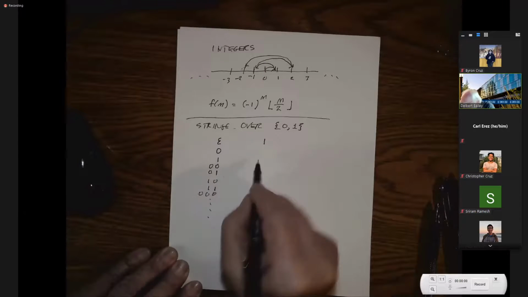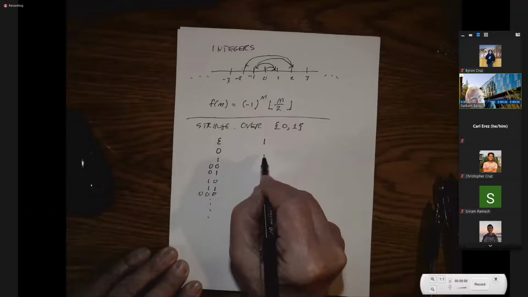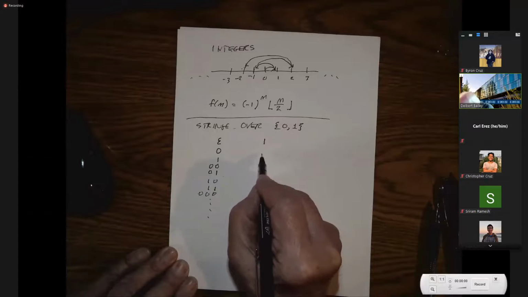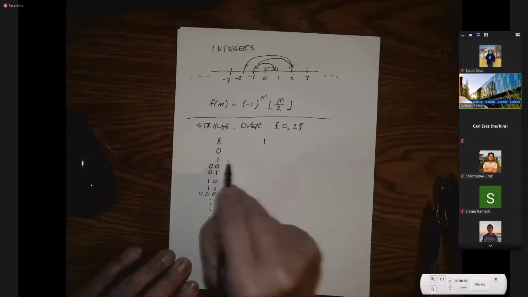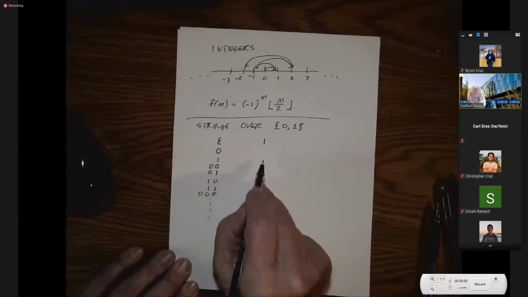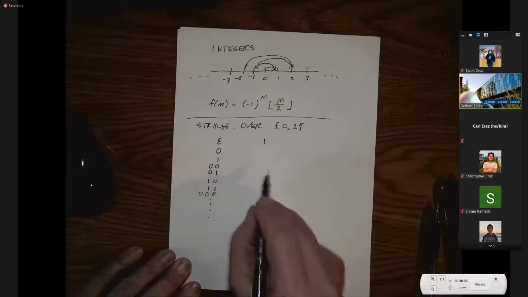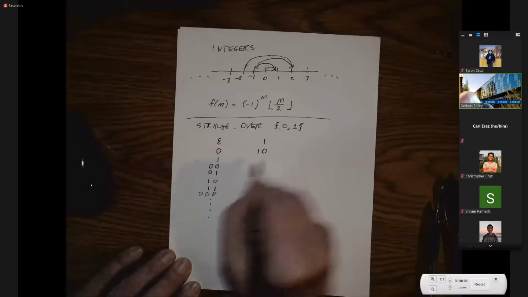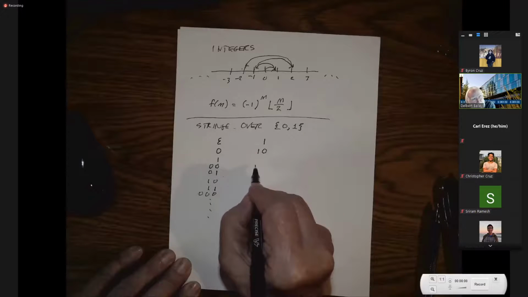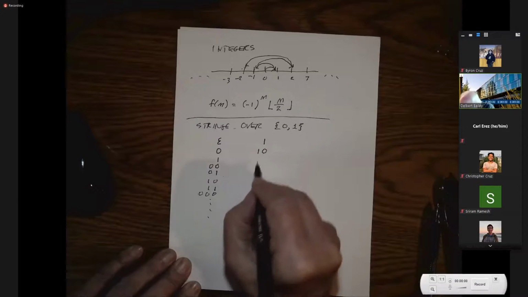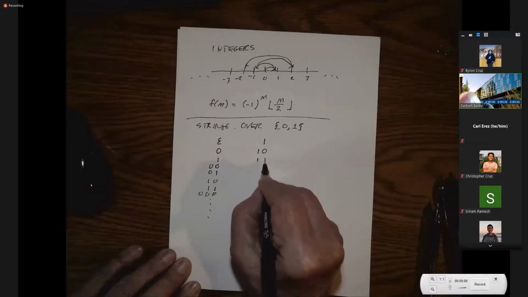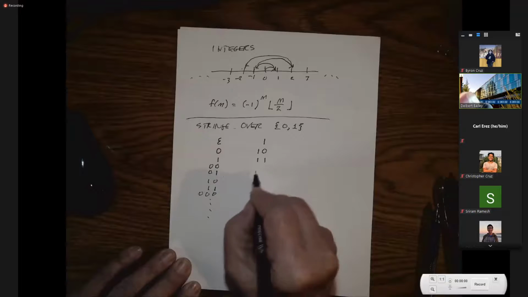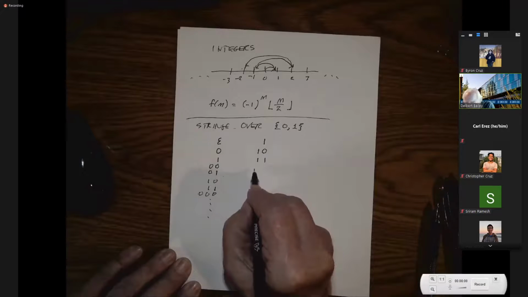We want this one to correspond to 2. But being computer geeks, we're going to use binary, right? So this one corresponds to 2. That's 2 in binary, right? And this one corresponds to 3. So there's 3 in binary. And this one corresponds to 4.